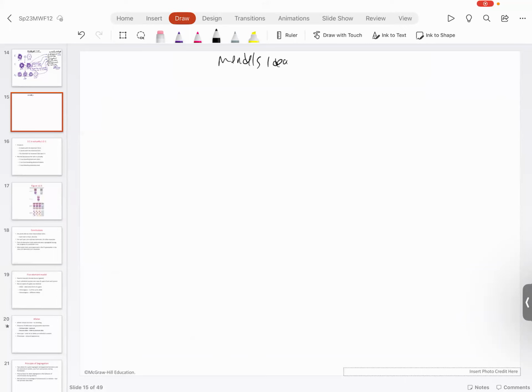Mendel's ideas. Glossary of terms. First of all, before even beginning, remember Mendel started off with this idea because he was a particulate guy. So he started off with this idea that there's a packet of instructions, a particle, if you will, of inheritance that's passed on from one generation to the next. This particle we call a gene.